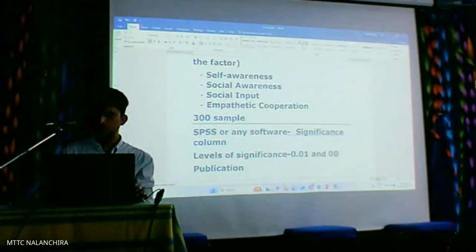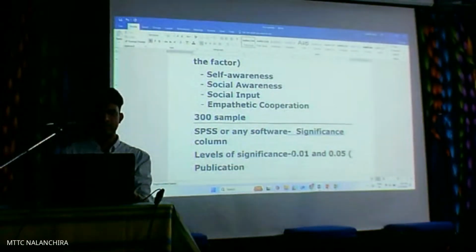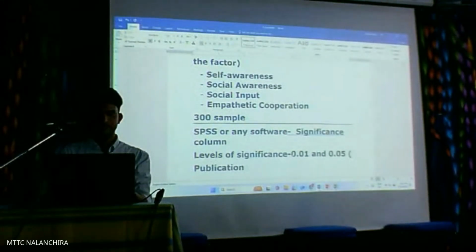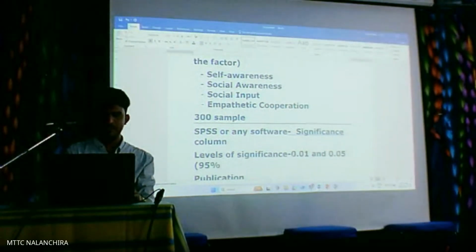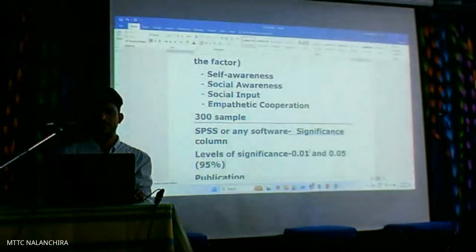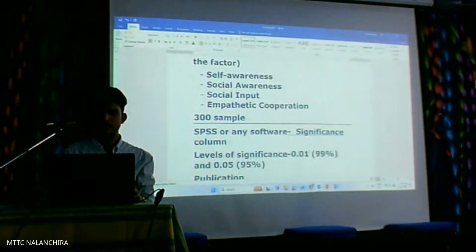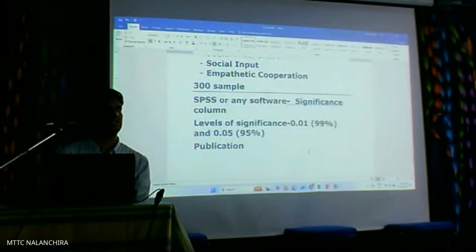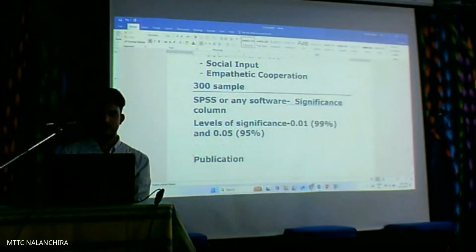Either we call it 95% confidence limit, the other is 99% confidence limit. These are the two significance levels generally we use in the social sciences and behavioral sciences, including education.